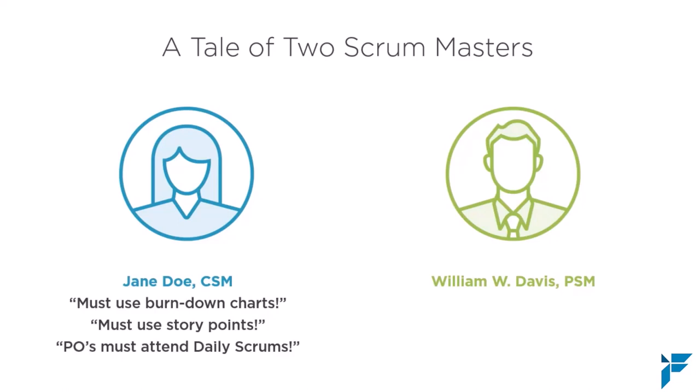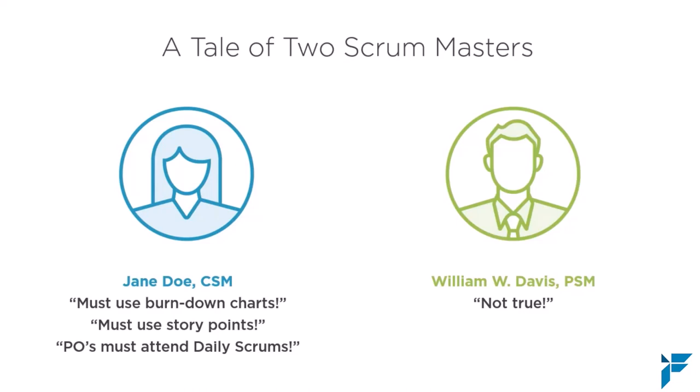As a professional Scrum Master, I knew that none of these assertions were true about Scrum, and I was troubled by the way this other Scrum Master approached her team like she was a project manager, not a servant leader. Scrum doesn't require the use of burn-down charts, doesn't tell teams how to estimate, let alone that they have to use story points.